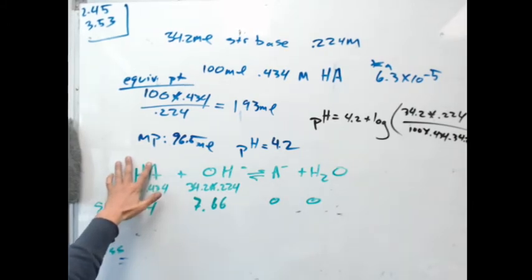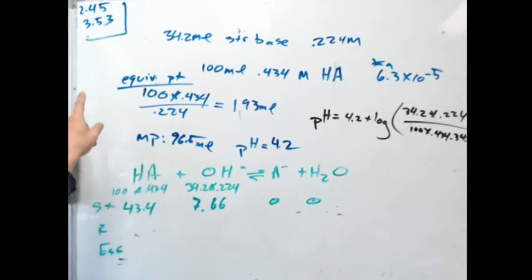We eliminate two options right off the bat. We get it down to one or the other choice. Without thinking about it being in the buffer region, we'd have to do the calculation to get it between those two choices. With our knowledge about the buffer region, we'd say 3.53 more likely, right?